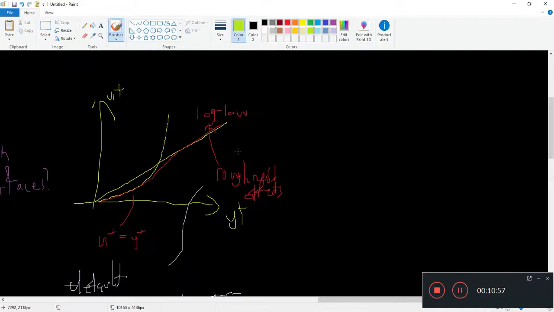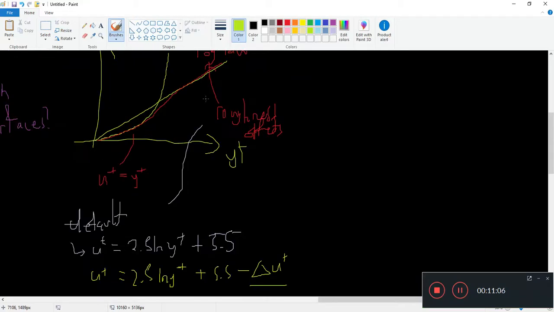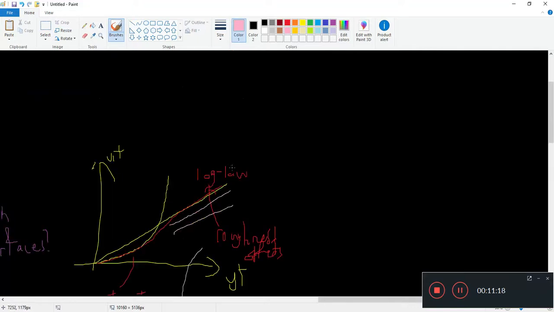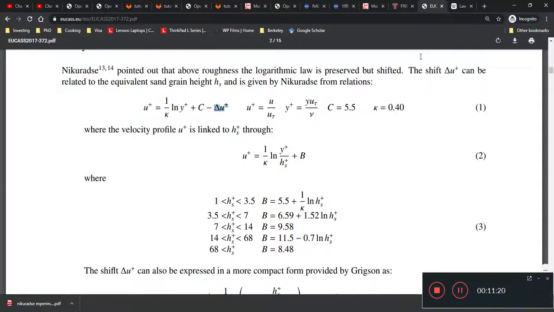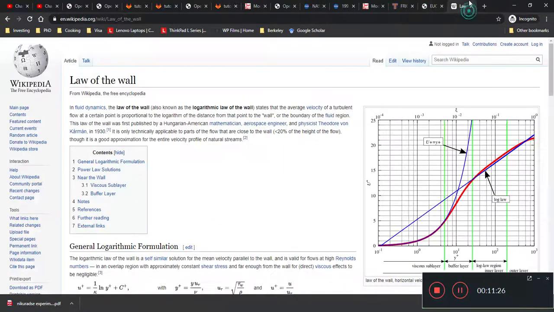So you can see that for different values of this delta U plus, this curve can shift downwards. So I can shift the log law downwards by varying degrees, but it may or may not look linear on this chart.